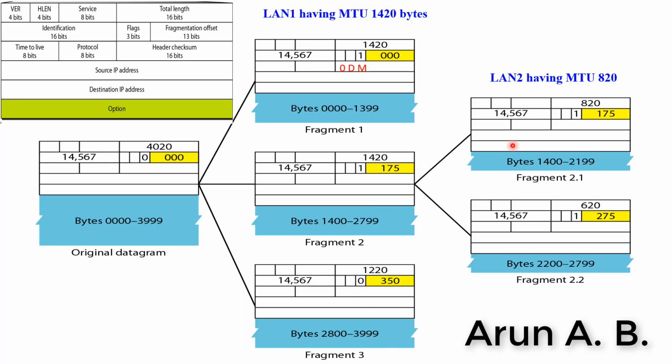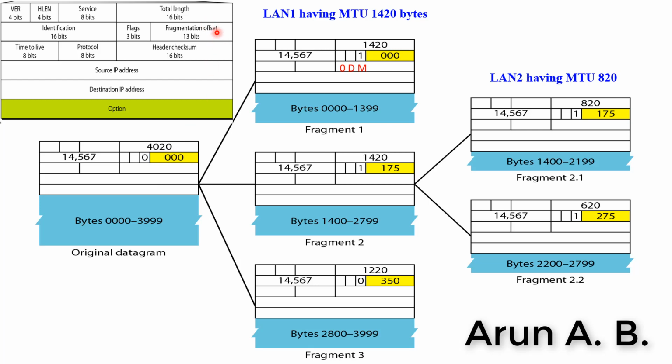Similarly, when this was divided into 2, including all these, only the last packet will be assigned 0 more fragments, since no more fragments are coming in. Also, the very first packet which we are dividing will also contain more fragment as 0, right?